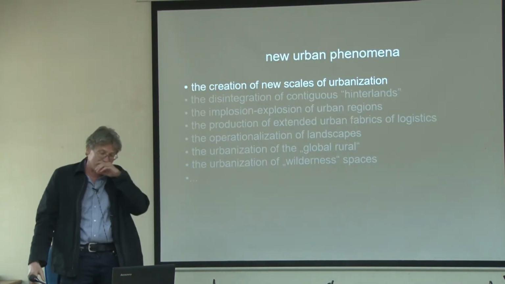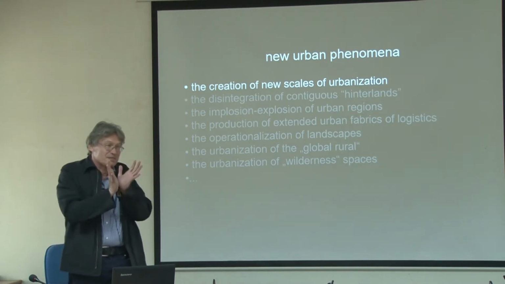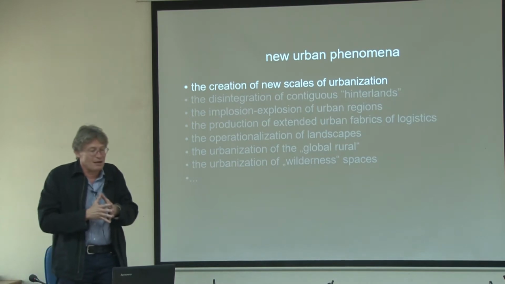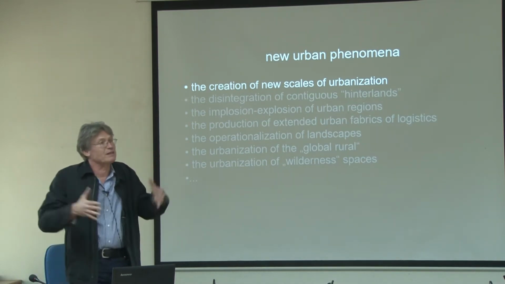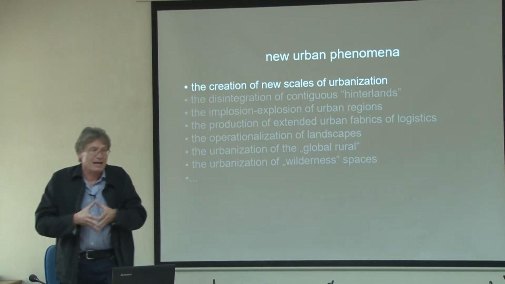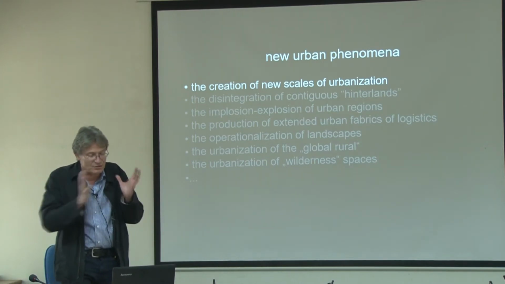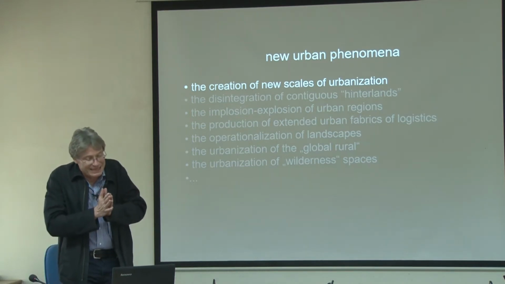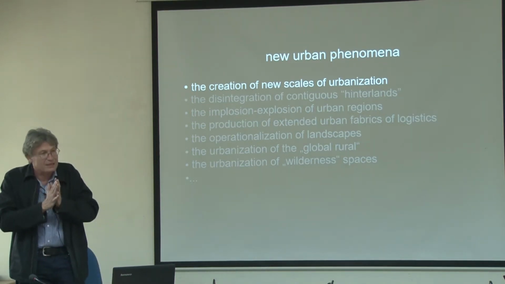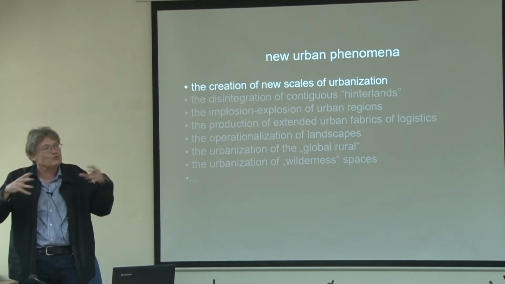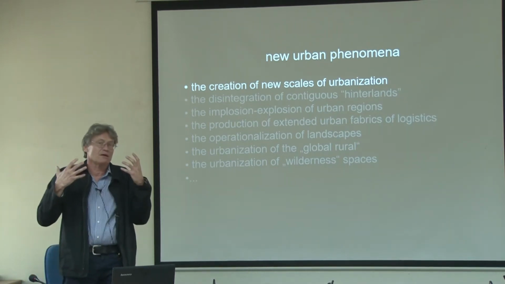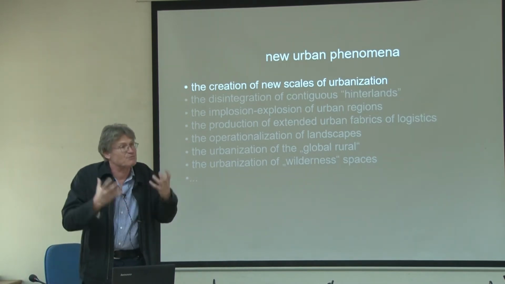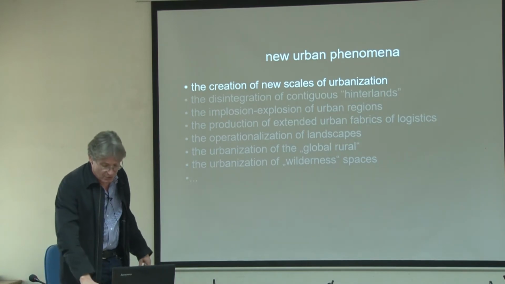Now, we were inspired by a whole range of phenomena. I will go very quickly through those phenomena, just to show you that this is not something that comes from theoretical reflection alone, but comes from a trial to really find concepts and terms to grasp contemporary urbanization processes.